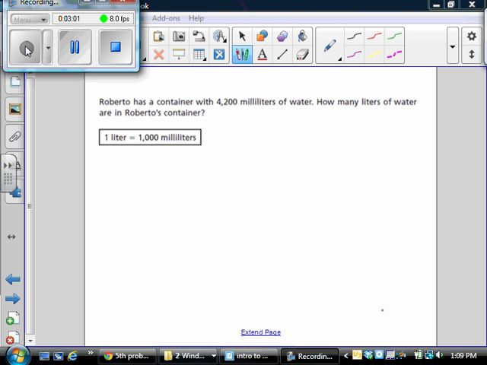Okay. The water container has a capacity of 4,200 milliliters of water. How many liters of water are in the container? What we're going to do is first make the statement by saying 1 liter equals 1,000 milliliters into a fraction.